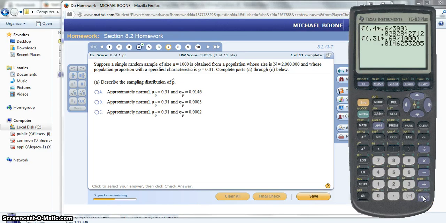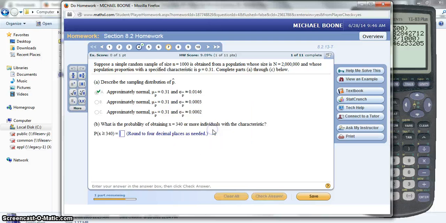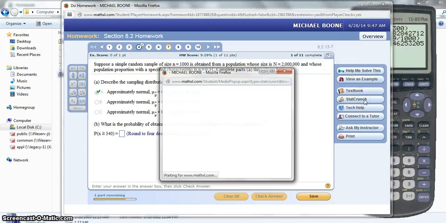So here's our standard deviation, the 0.0146, so we're looking at this one here. Alright, and again, the mean of our p hat is our hypothesized proportion, the 0.31. Now we're trying to find the probability that x is greater than or equal to 340. So now we're going to use our StatCrunch to help us figure this out.